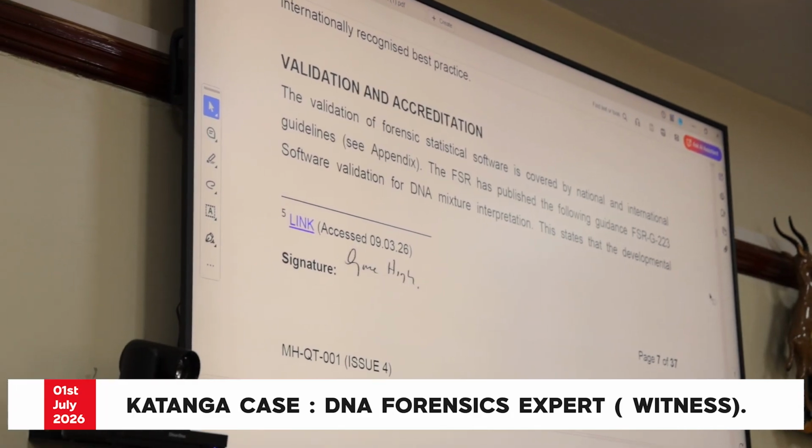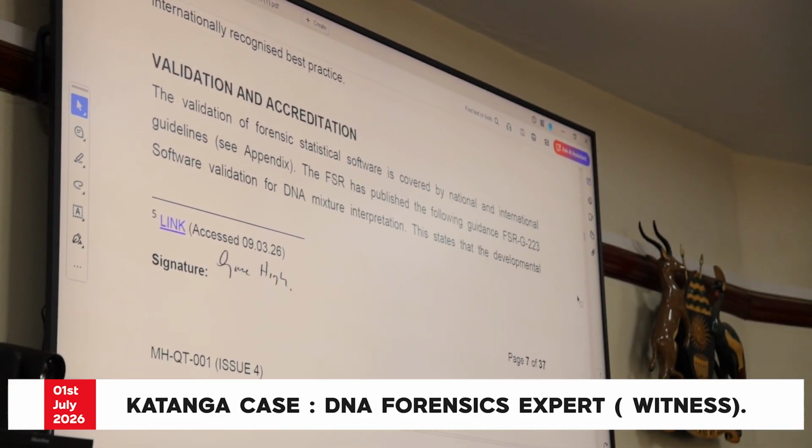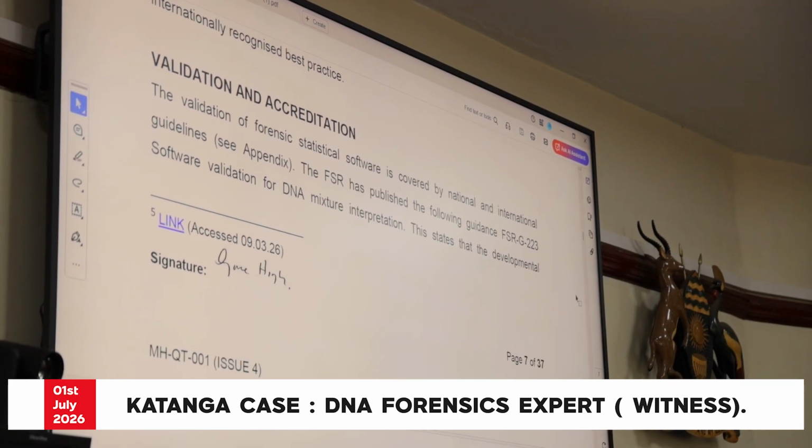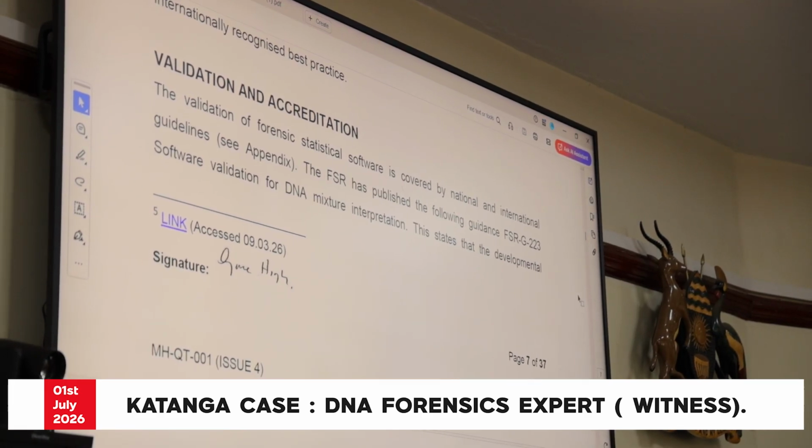There are different systems. There's software known as open source, which means it is open on the internet for anybody to download. So that is free software that I can download from the internet. Yes. Is Euroformix one of those, or is it another type? Yes, Euroformix is an open source.